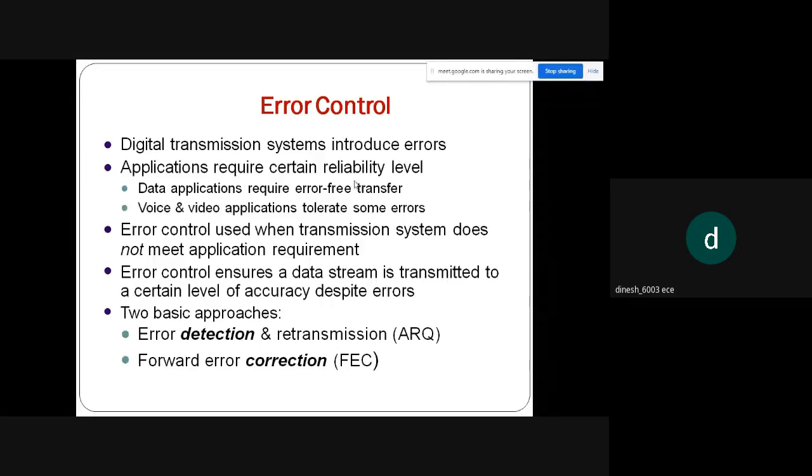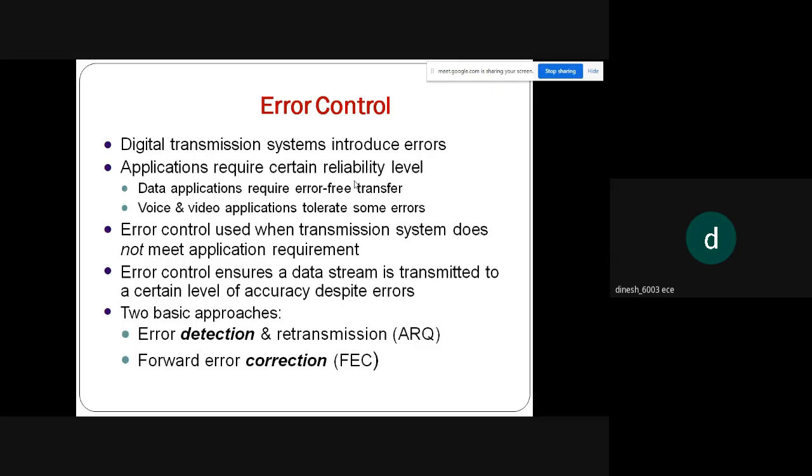In this, there may be an occurrence of error, which we call the digital system making an error. In a binary system, if I send 1, it may be taken as 0. If I send 0, it may be taken as 1. So this is a type of error.